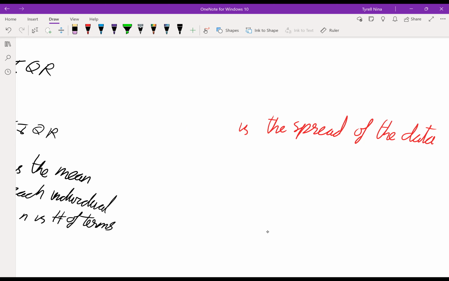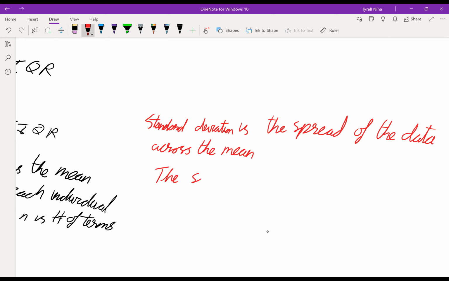Right, so let me say that standard deviation is the spread of the data across the mean.